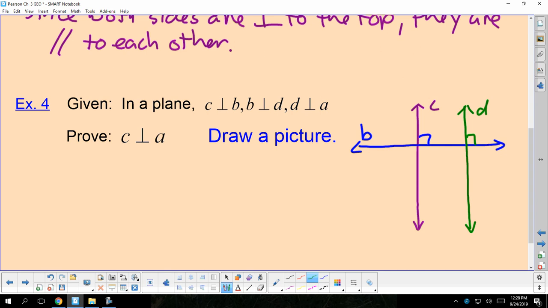And then D is perpendicular to A. So here's D in the green over here. I'm going to draw A in. All right, we have our little tool. So what I want to show is that A is perpendicular to C.